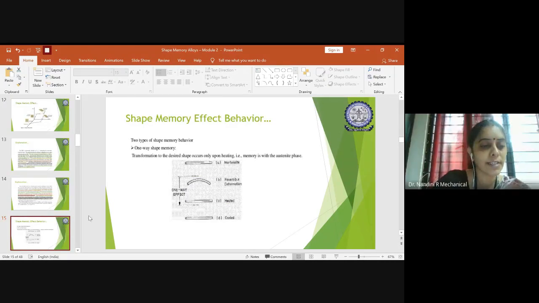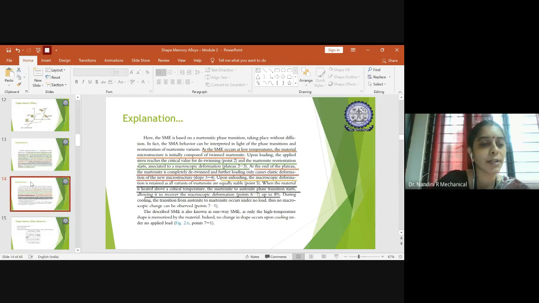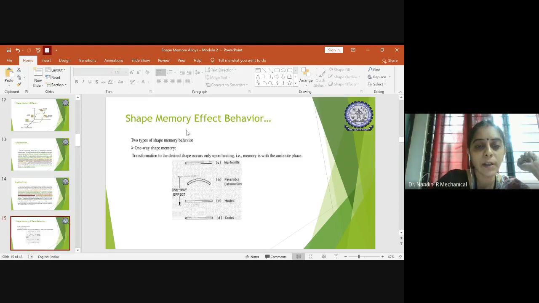Okay. Next, the same thing is explained here theoretically. I have told it with respect to the diagram. When we were speaking about the shape memory effect, we have two types. One is the one-way shape memory behavior. What do you understand from one-way shape memory behavior?